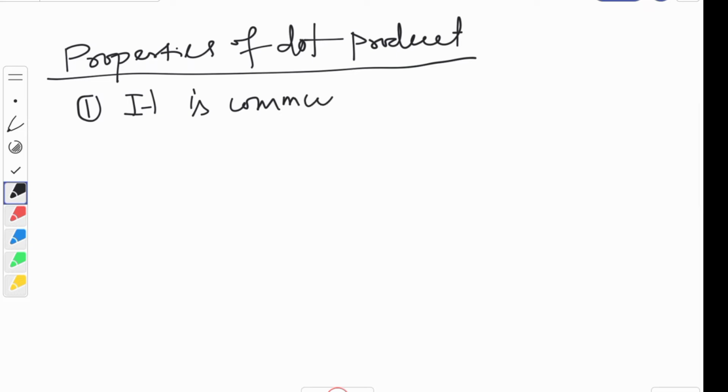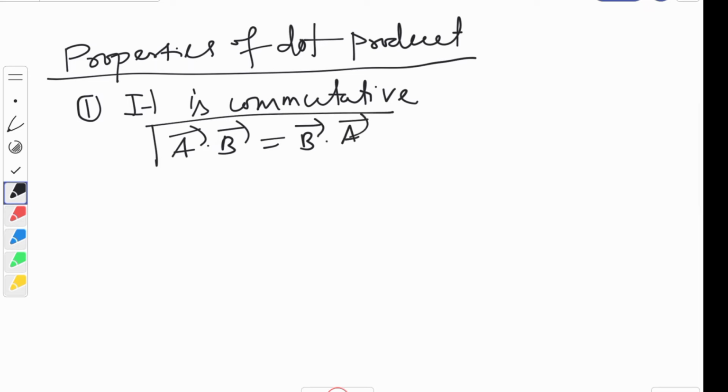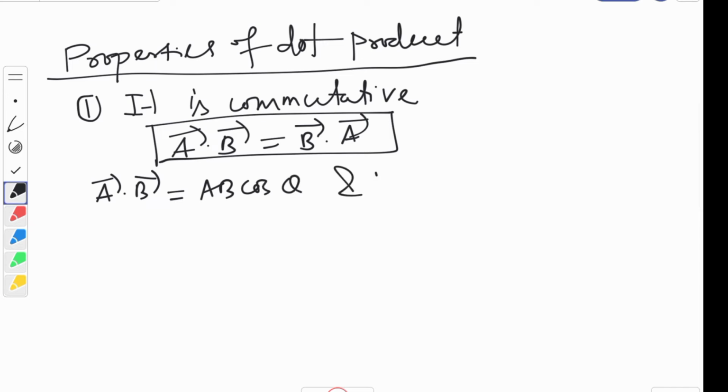You know from mathematics what the commutative law is. That means A dot B we can write as B dot A. A dot B is AB cos theta, and B dot A is BA cos theta. So it is commutative. These are only values, scalar quantities, so we can exchange the position.